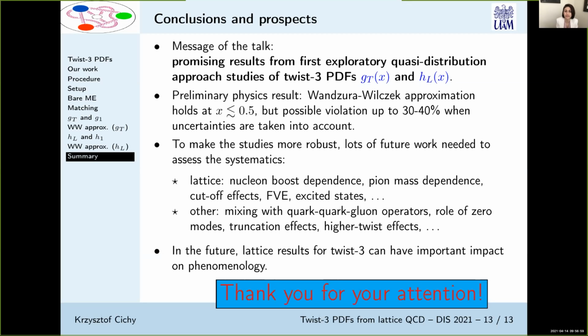Alessandro? Well, it's a similar question to Shohini's. Can you check in this approach if you fulfill the Burkhardt-Cottingham sum rule, calculating consistently GT and G1 in the same way? Yes, so this is what we did. We checked that.